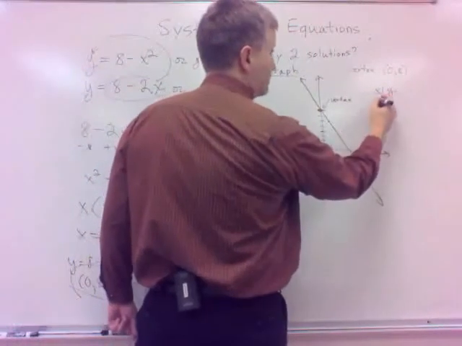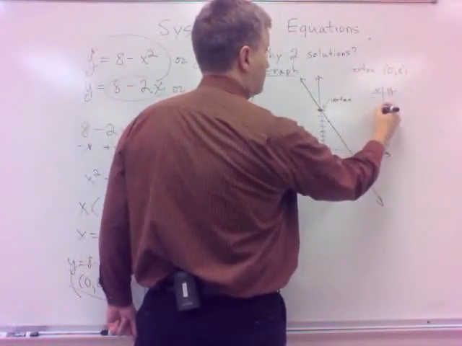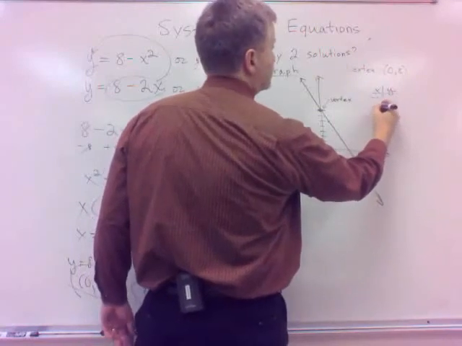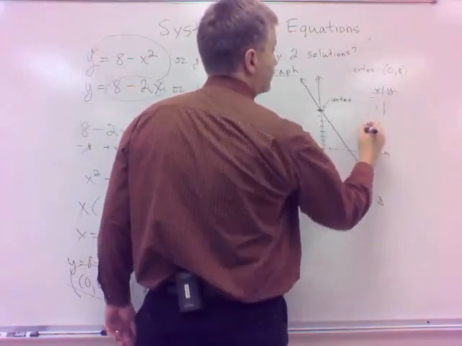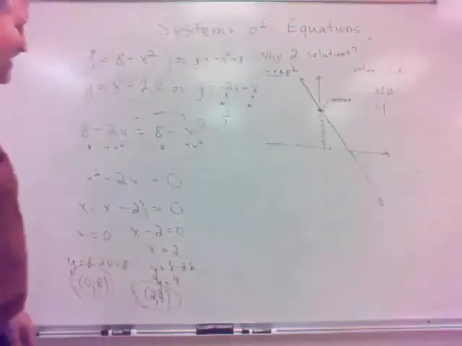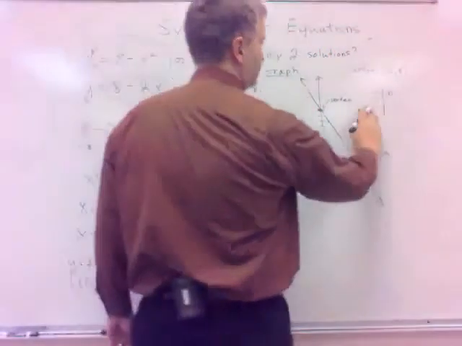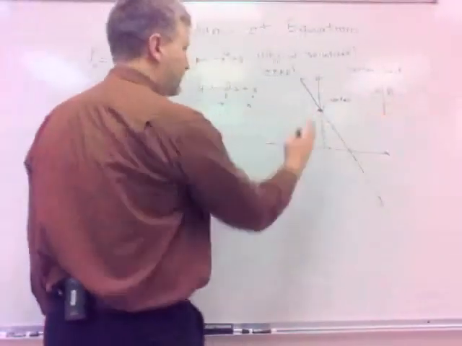Could use the points that we've got. Sure. Let me do a couple others, because I want to make a point about that. Negative 1 and positive 1, just get a couple other points since we know it's a parabola and all that.